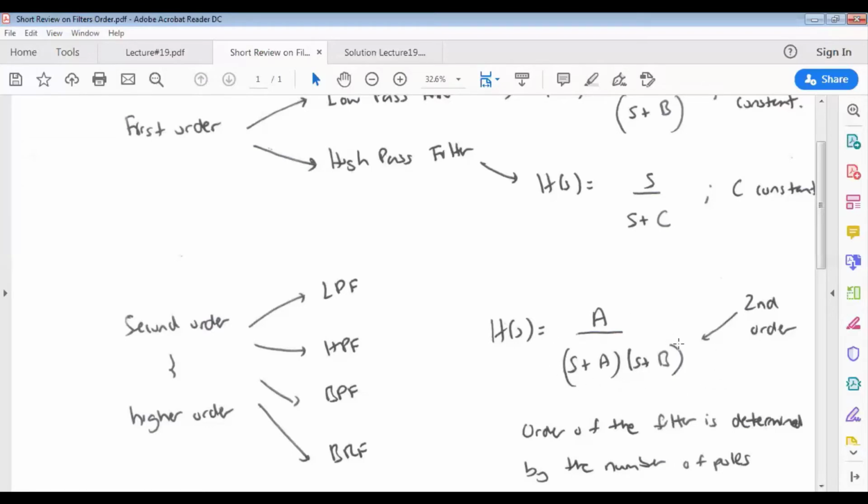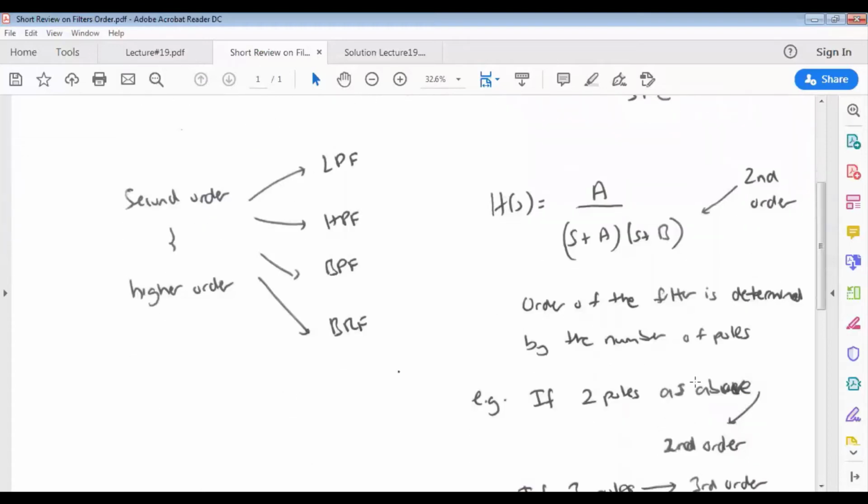If it's a third order filter, we're supposed to have 3 poles. If you have a fourth order filter, you are supposed to get 4 poles. So that should be the obvious difference between the first order and the higher order filters.